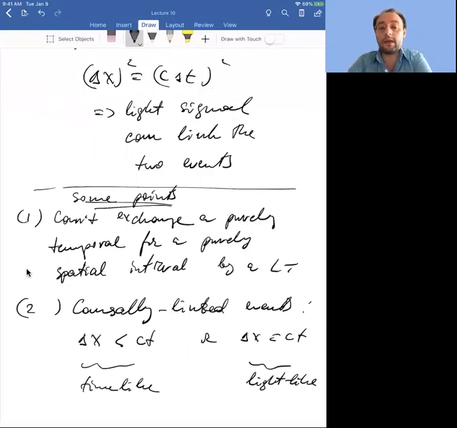A signal or an interaction propagating at the speed of light is used to link the cause and effect for the light-like interval.